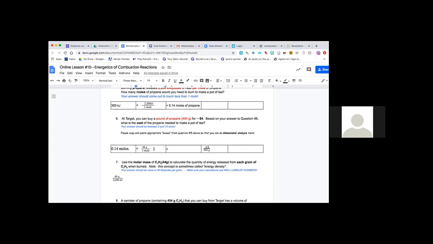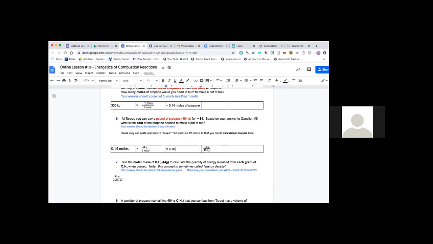You start with 0.14 on your calculator. Multiply by whatever's on the top, which in this case is 44. And divide by whatever's on the bottom. So you get 6.16.